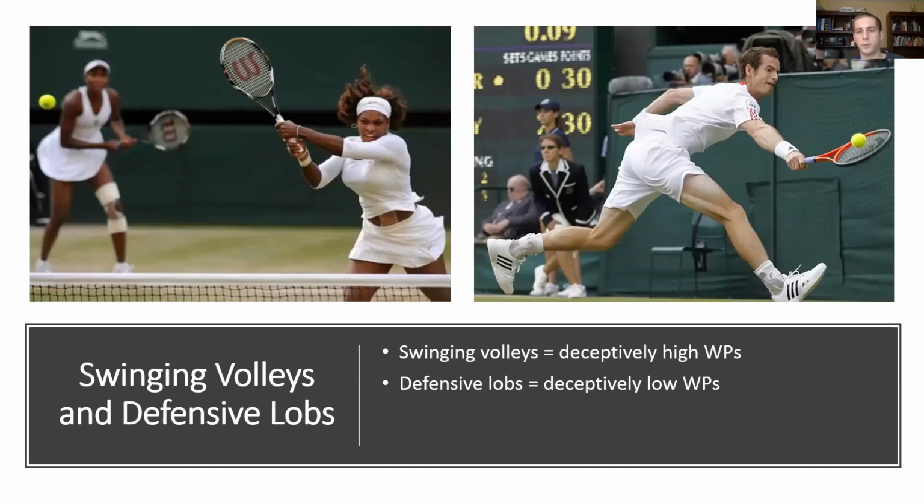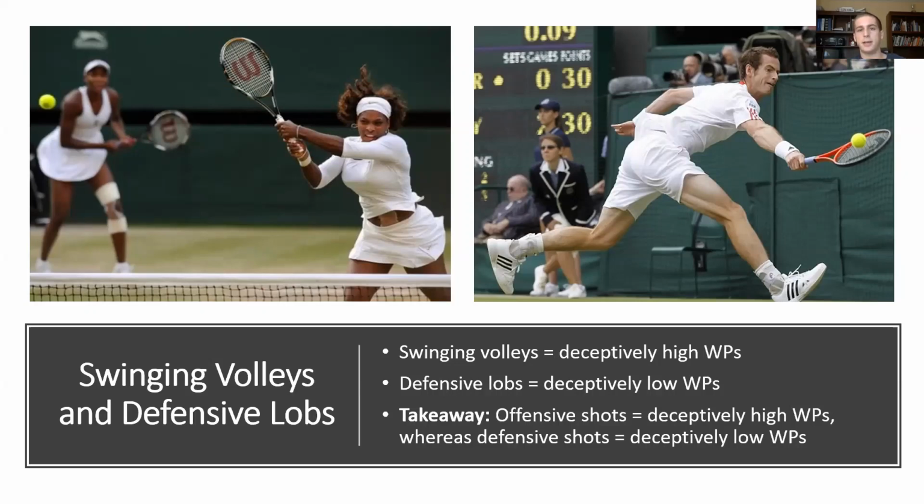So as a result, when you hit a defensive lob, your win probability is going to be really, really low. But that doesn't mean you shouldn't necessarily be hitting defensive lobs. I mean, you do it when you basically already lost the point. So what you're seeing here is that essentially the more offensive a shot is, the more deceptively high its win probability is going to be.